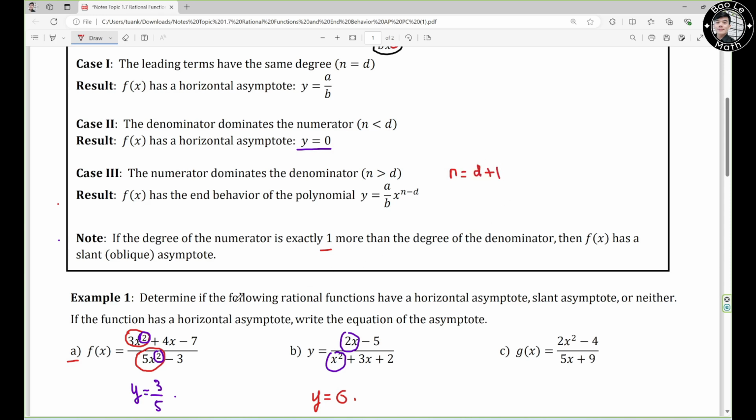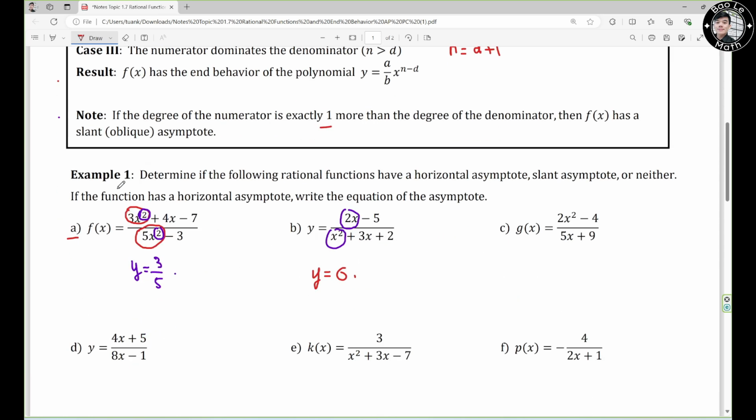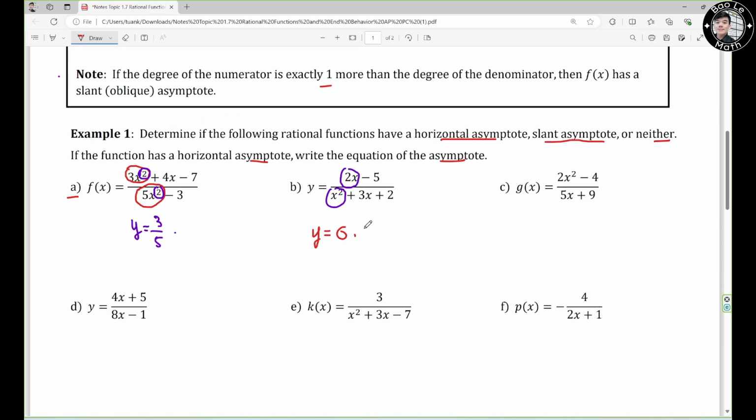Now let's complete this example. Determine if the following rational functions have a horizontal asymptote, slant asymptote, or neither. If the function has a horizontal asymptote, write the equation of the asymptote. Question A and B we already finished.